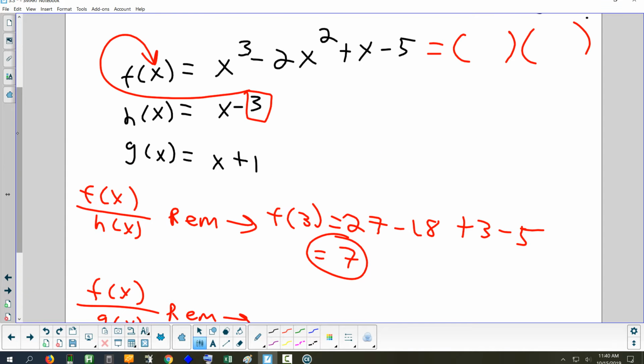Now, is g of x set up the way I said it had to be to find the remainder? No. Not quite, but you can make it so it is. Remember, you have to divide by x minus, and you have to have something in that box. What would go in the box here? Negative 1. Now you are dividing by x minus a number.